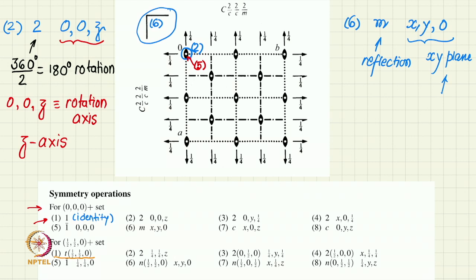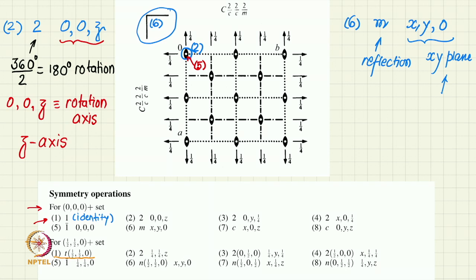So, that is the first operation, the translation in the second block. So, this second block is given as (1/2, 1/2, 0) plus set, which means for every position you have to add this half, half, 0 to get to the new position described by this set.